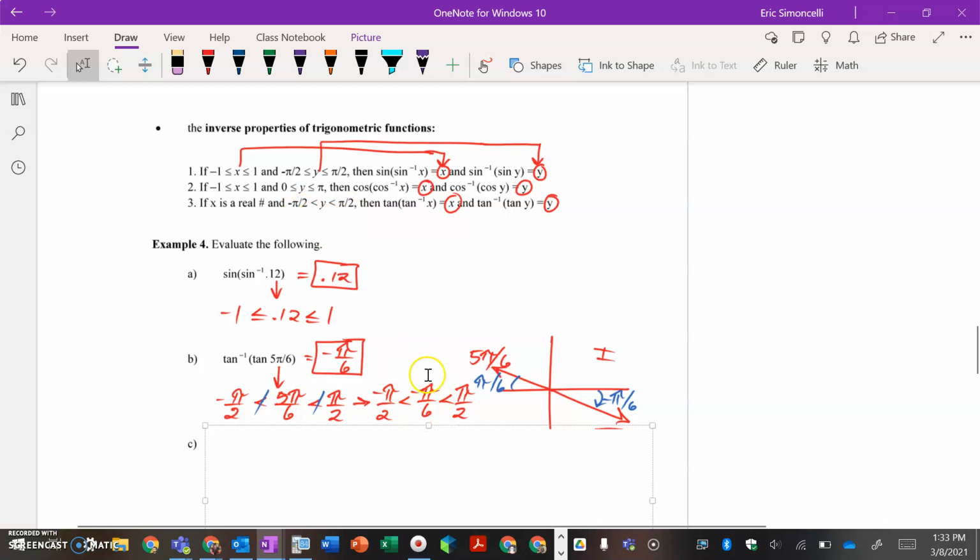In the end, the calculator will only give you one answer, -pi/6. Be mindful that although 5pi/6 is technically true, it is an angle that has a y divided by x equivalent to this y divided by x in the fourth quadrant. It does not fall between the values that we see up above.